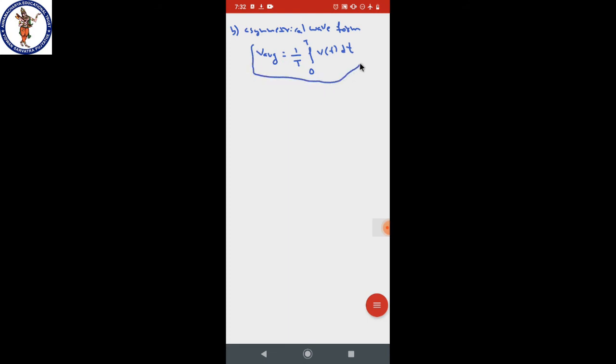This is the full wave. For unsymmetrical, where the positive area is not equal to the negative area, use this formula. Next you go for the peak factor. What is the formula for the peak factor? Peak factor equals V maximum by Vrms. Next I will go for the form factor.